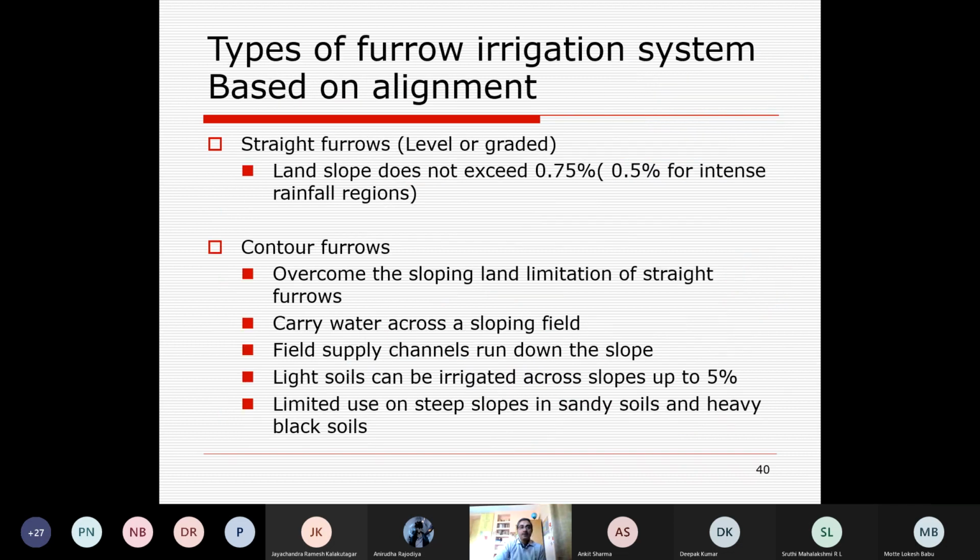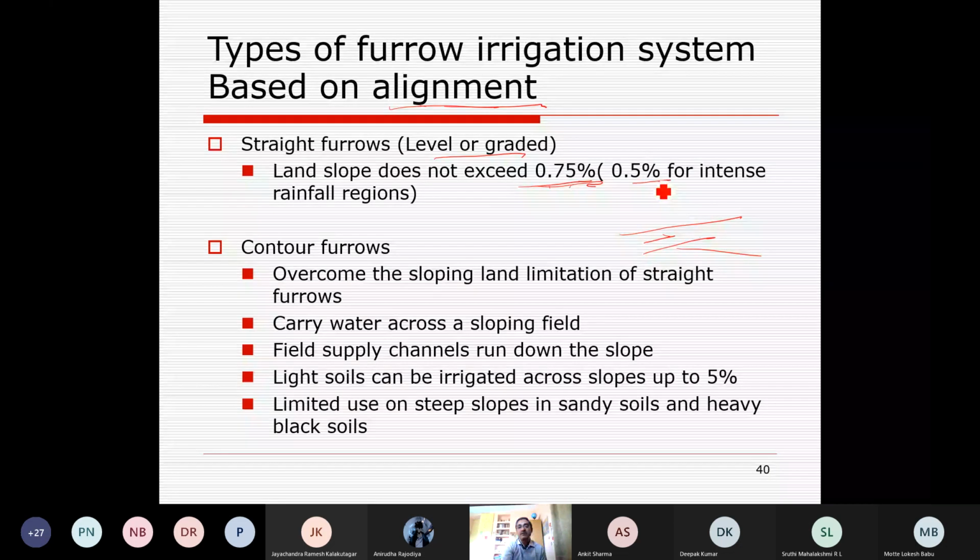Now, types of furrow irrigation system based on alignment. A straight furrow could be level or graded; it could be the same level or have a gentle slope. Land slope does not exceed 0.75%, or 0.5% for intense rainfall regions, so that it is controlling the maximum amount of rainwater and utilized as irrigation.